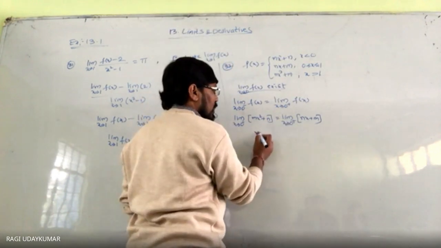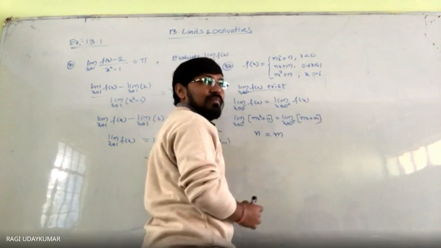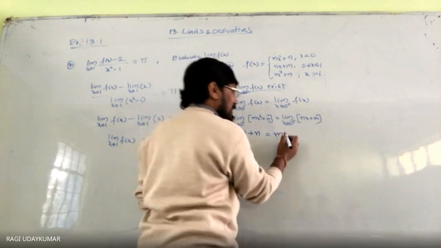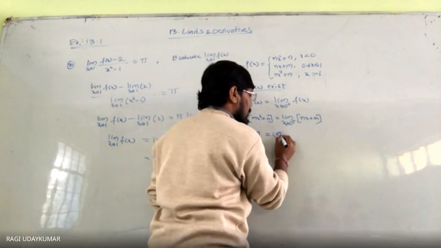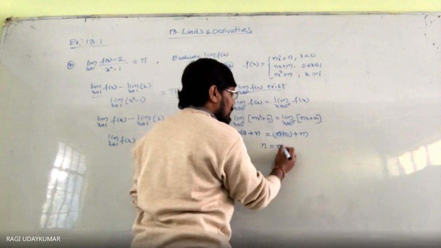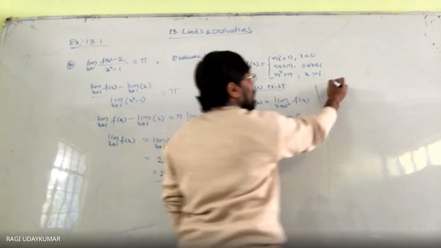Substitute 0: n equals m into 0 plus n, and n into 0 plus m. So for n equal to m this exists.